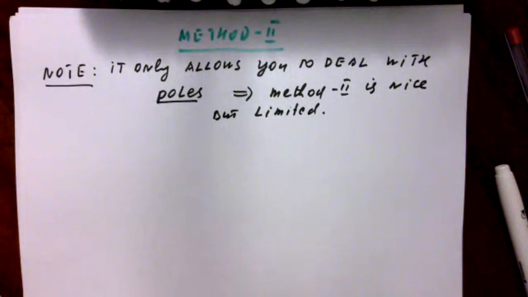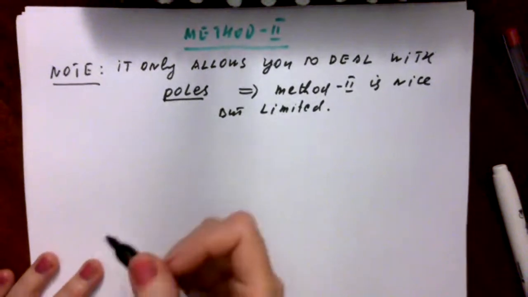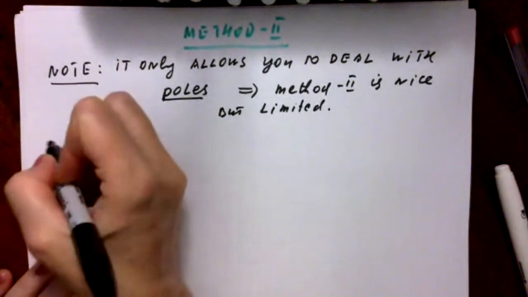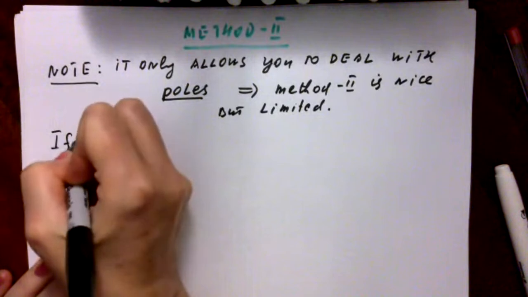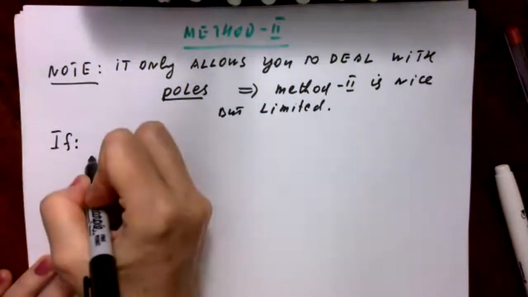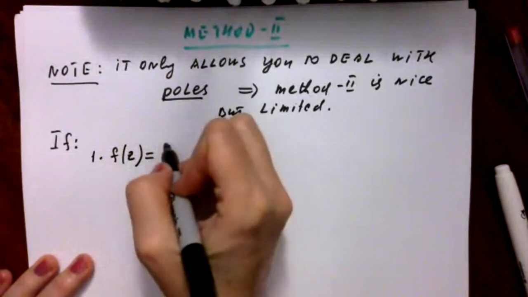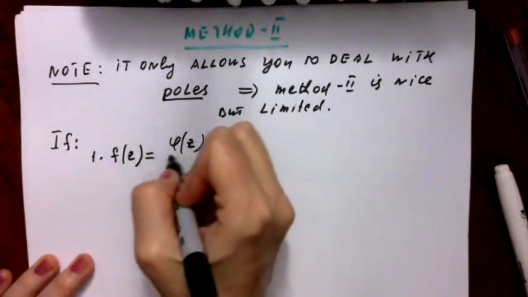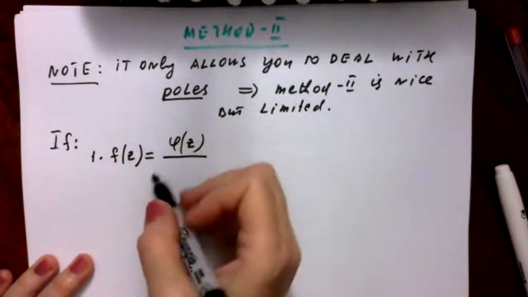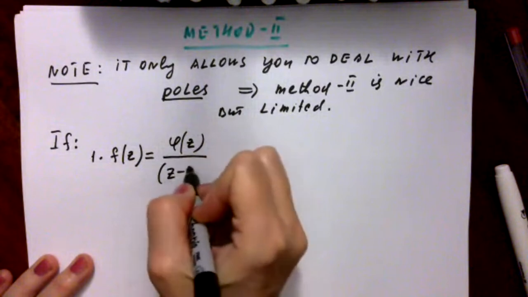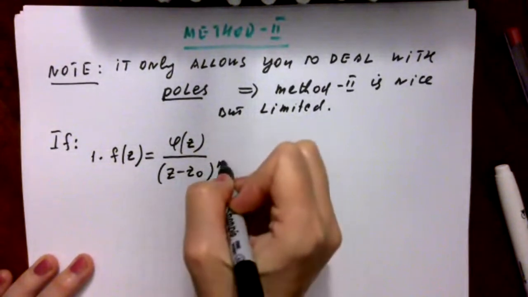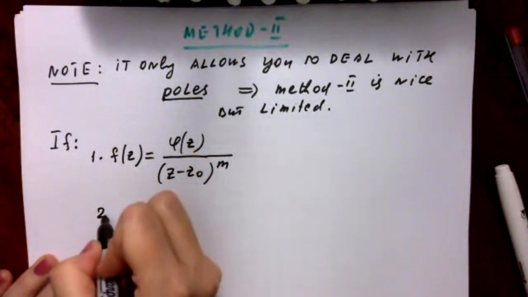So how does it go? What does this method consist of? It turns out that if two conditions are true, first, your function has a special structure, so it looks like a fraction, phi of z divided by (z minus z0) to the power of m. This is the first requirement.